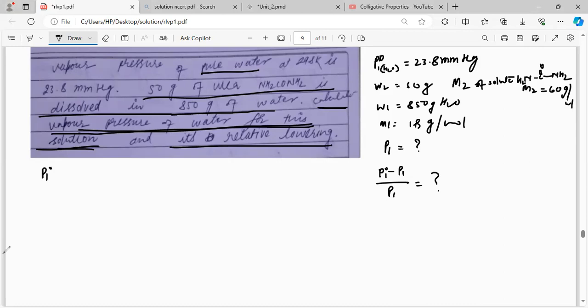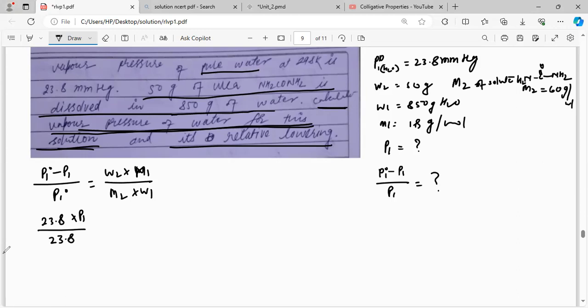P1 naught minus P1 upon P1 naught is equal to W2 into M1 divided by M2 into W1. P1 naught they have given 23.8, and P1 they are asking. P1 naught is 23.8 as it is.